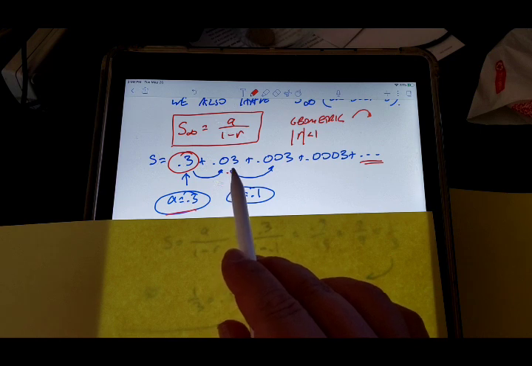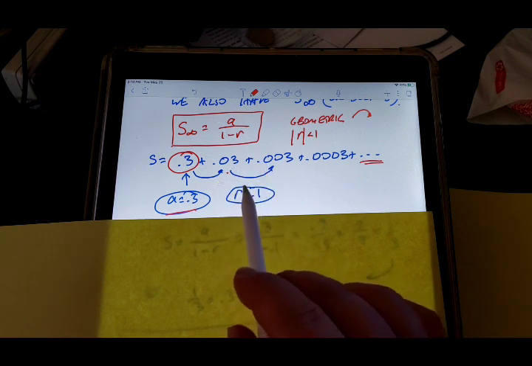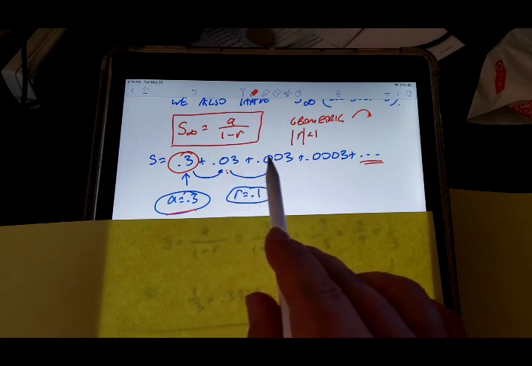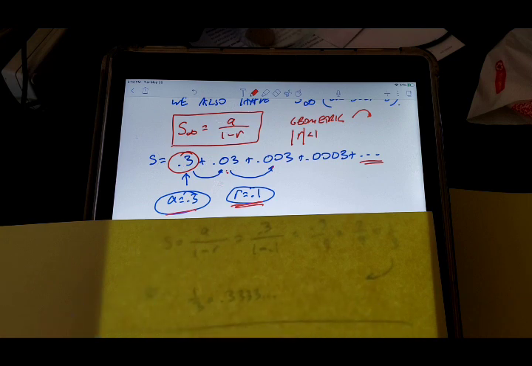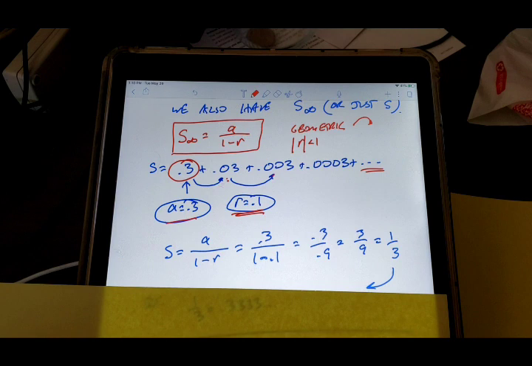That by multiplying by 0.1, we can describe this other ways, but if we're forced to ask, what are we multiplying by? What will we multiply on a calculator to get from here to here? I think you can crack that code and figure out that it's 0.1. We have everything we need to substitute into this formula.